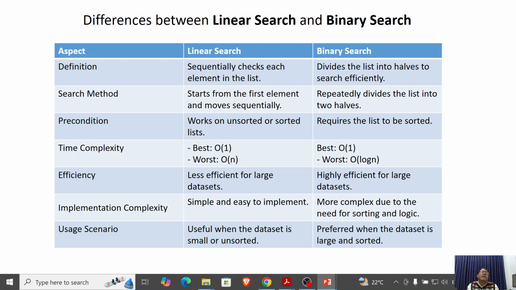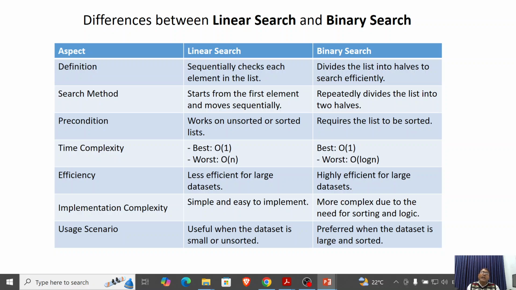What is the difference between linear search and binary search? From the definition point of view, we can say that linear search sequentially checks each element in the list, whereas binary search divides the list into two halves to search efficiently. In terms of searching method, linear search starts from the first element and moves sequentially.